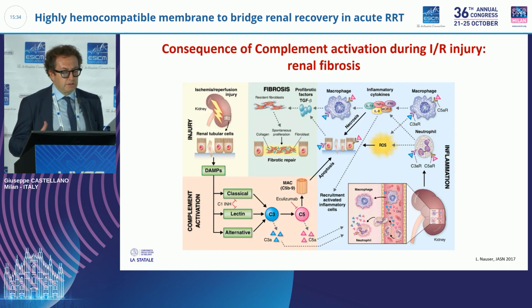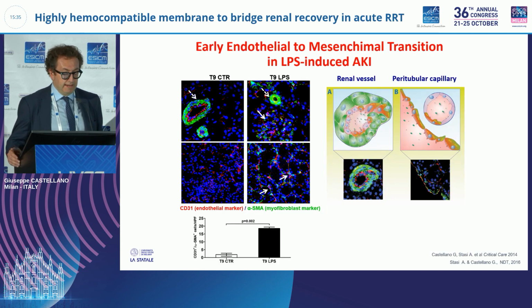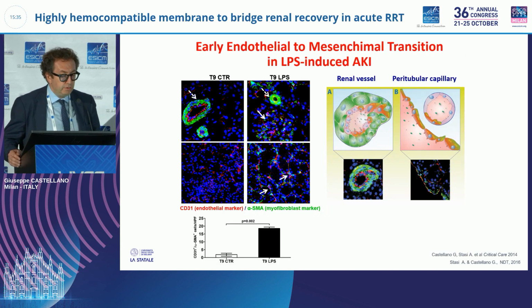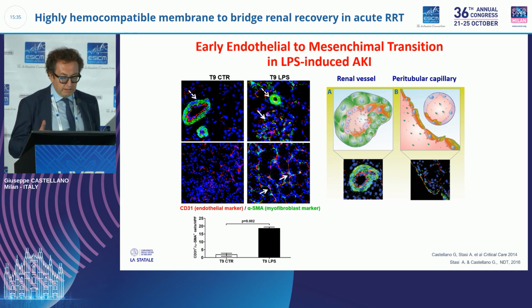And the consequence of complement activation is fibrosis in different settings, in renal ischemia reperfusion injury, but also at vascular level. For example, we have demonstrated that complement induces endothelial to mesenchymal transition. Here you can see that LPS is capable to induce endothelial to mesenchymal transition with complement activation.